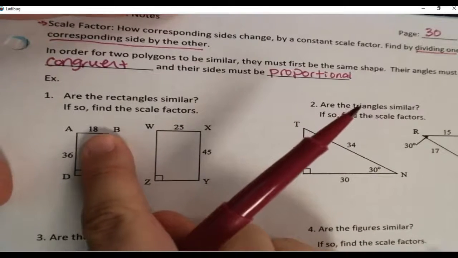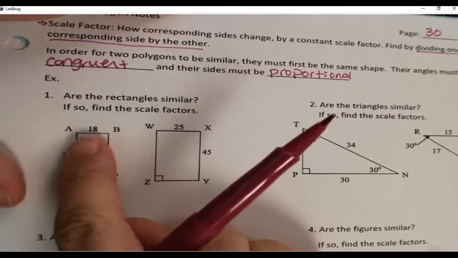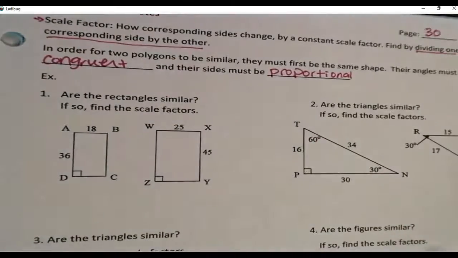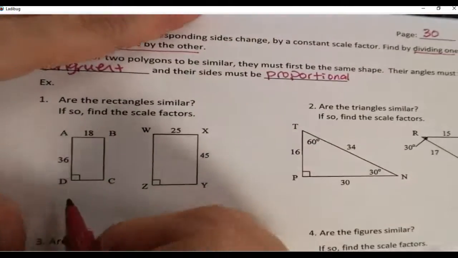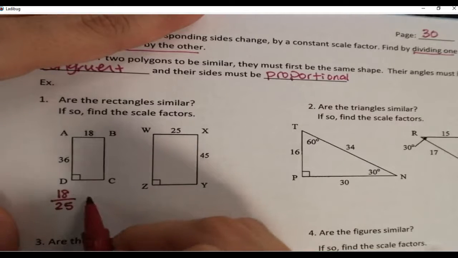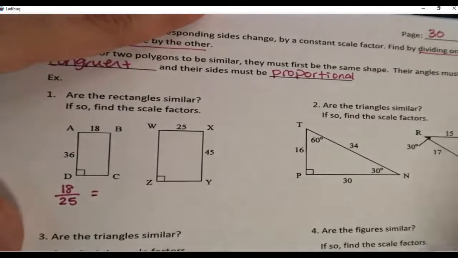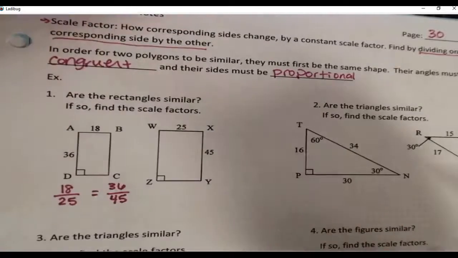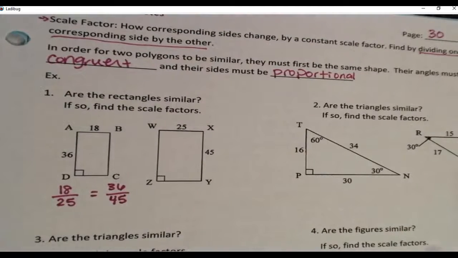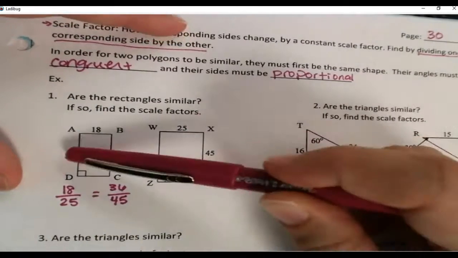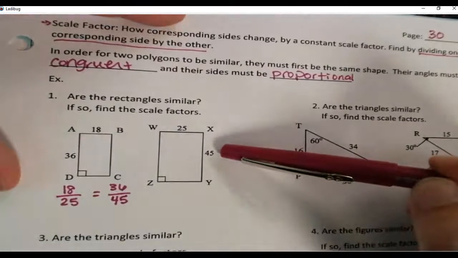So we need to say, is 18, so 18 is AB. Which side matches AB on this guy over here? WX. So we need to know, is 18 divided by 25 the same as 36 divided by 45? Okay, so we just matched. So we said 18 over 25, 36 over 45.